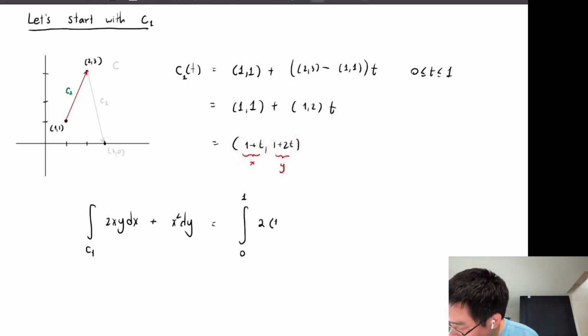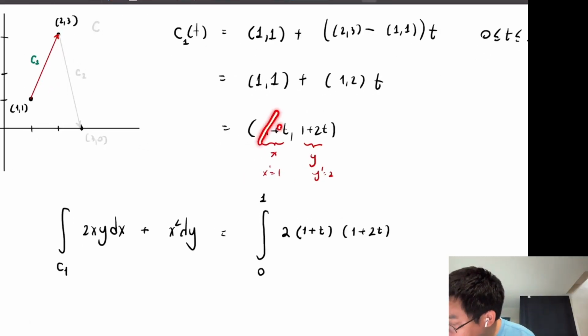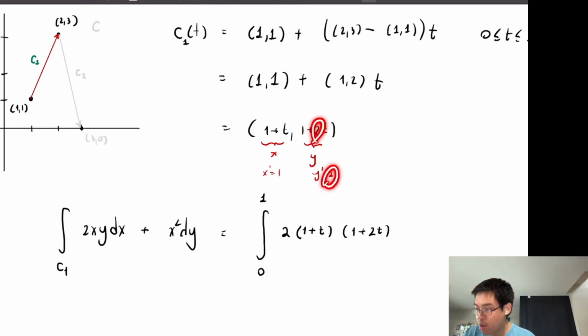2x, x is 1 plus t, y is 1 plus 2t, and then for dx, remember, x prime is equal to 1 and y prime is equal to 2, simply because the 1 is gone and t becomes 1, and the 2t becomes 2. So x prime is 1 because that's dx.